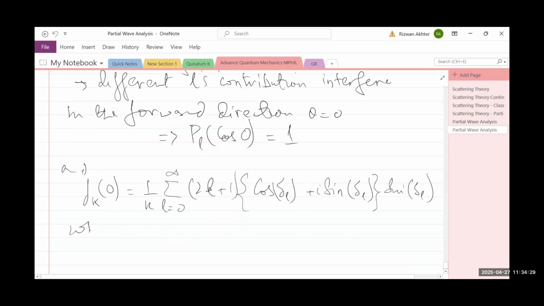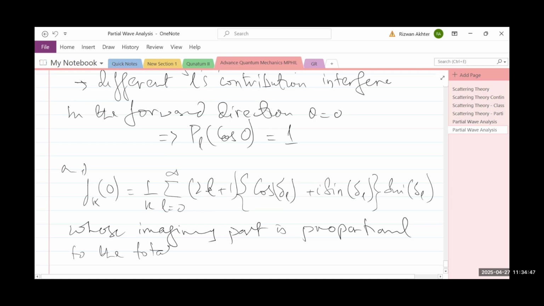So the imaginary part is proportional to the total cross section.